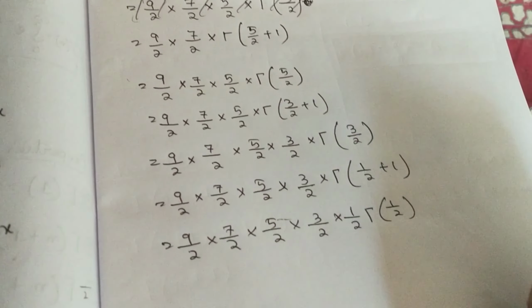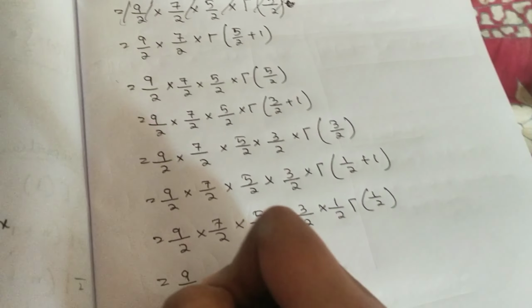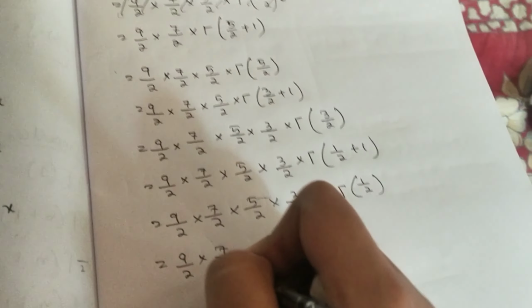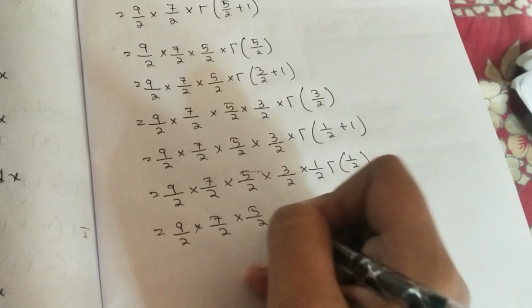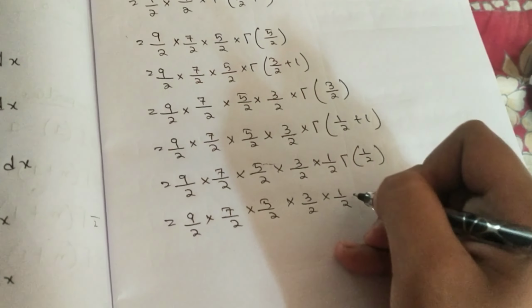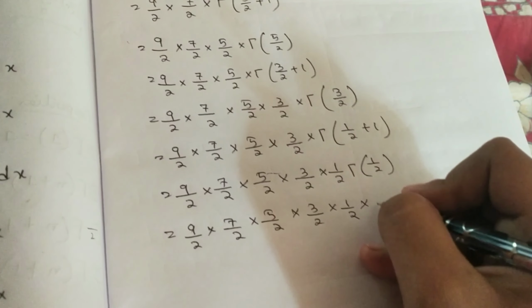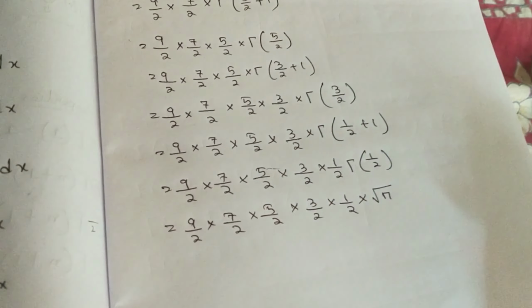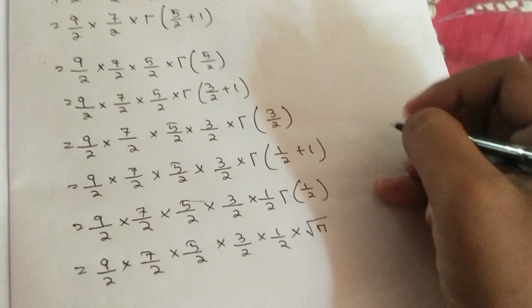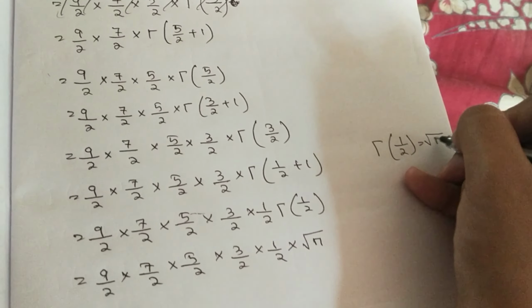Now you have to note down this, that gamma 9 by 2 into 7 by 2 into 5 by 2 into 3 by 2 into half. This gamma half we can write as root over pi. Okay, gamma half is equal to root over pi.